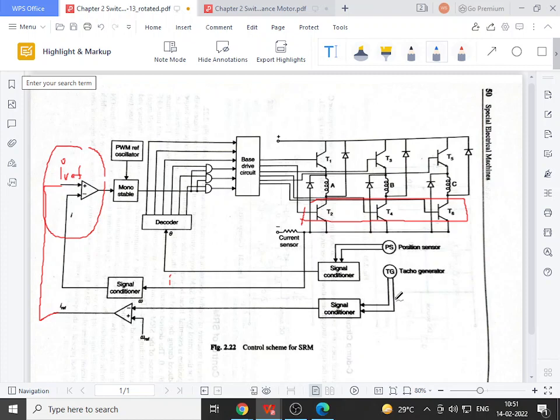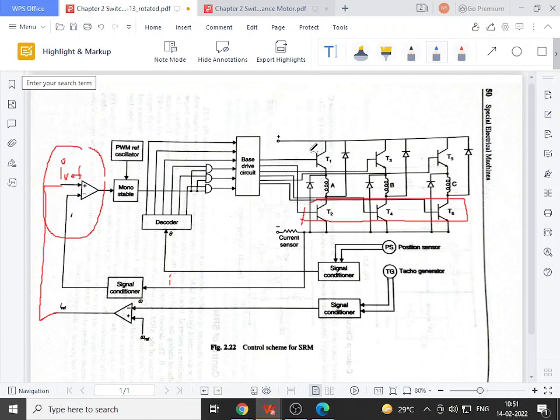The stepping frequency is always ANDed with the rotor position sensor. Accordingly, excitation is provided to the gate driver or base driver circuit, and according to the signals received from the decoder and AND gates, a particular transistor leg will operate so that a particular phase is excited.